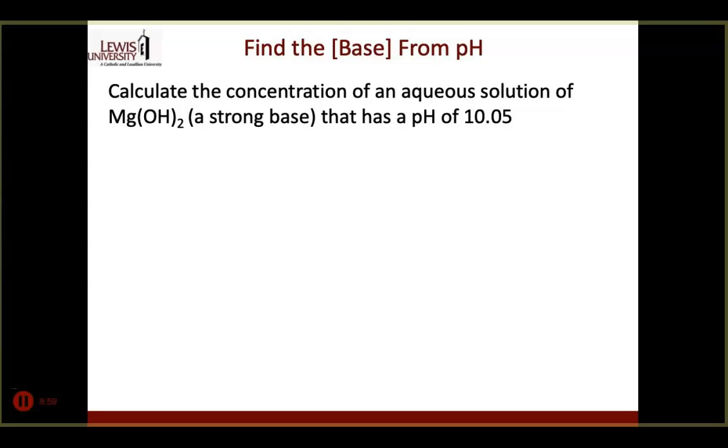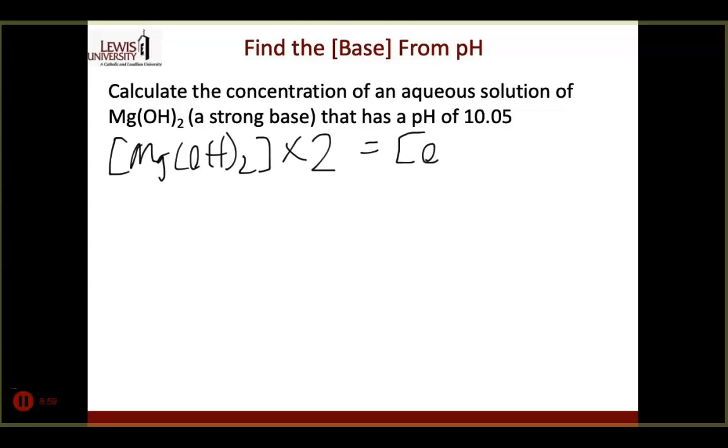Well, we know that the concentration of a strong base multiplied by the number of hydroxides present, which in this case is 2, equals the concentration of OH minus. So if we can find the concentration of OH minus, we can find the concentration of the base.